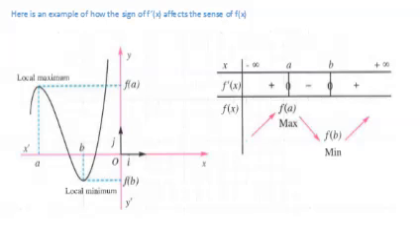Between A and B, the derivative is negative, meaning the function is decreasing from its maximum to its minimum, B. Then from B to plus infinity, the derivative is positive, so the function is increasing again. So in this function, we have a maximum and a minimum. The maximum is A and f of A, as you can see here, and the minimum is B and f of B. So when the function is increasing, the derivative is positive. When the function is decreasing, the derivative is negative.